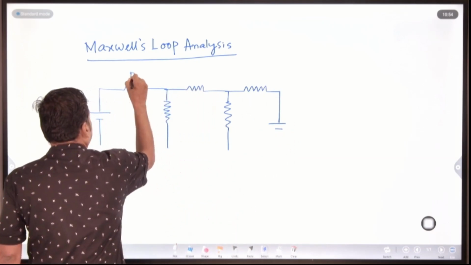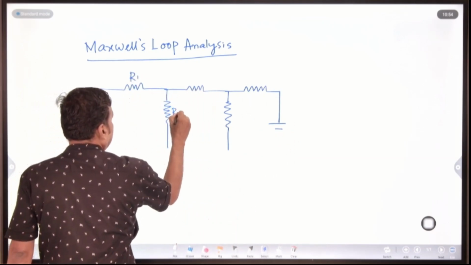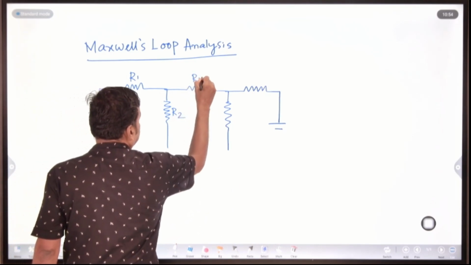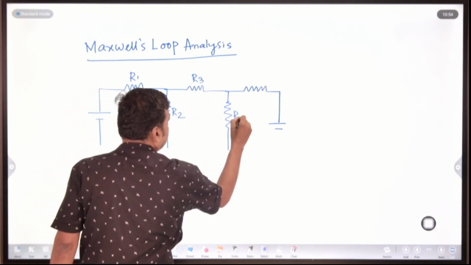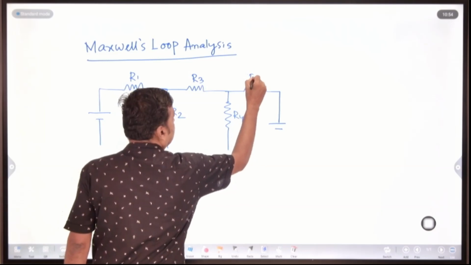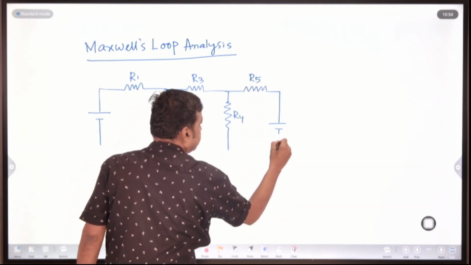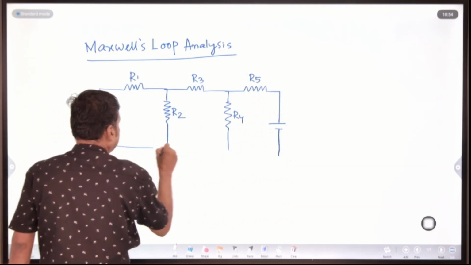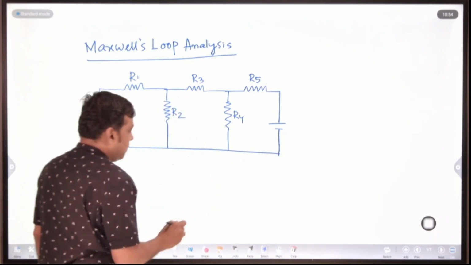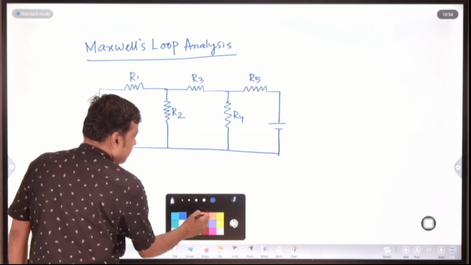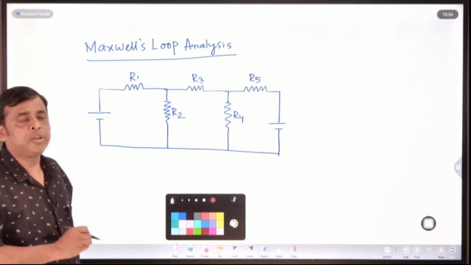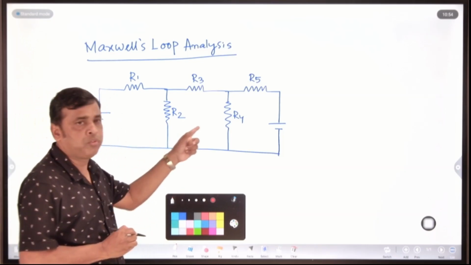So this is, let's say, R1, R2, and this is your R3, this is your R4, and this is your R5. So in this network there are three closed loops.